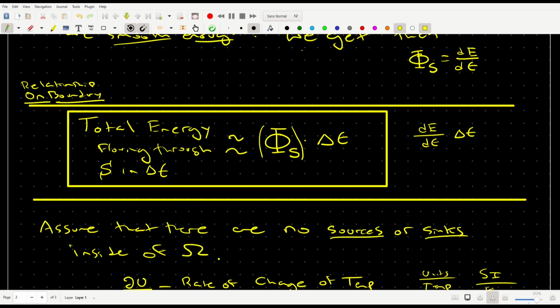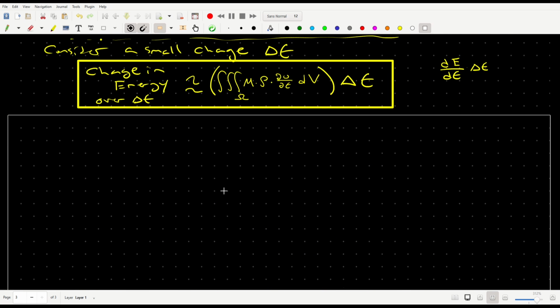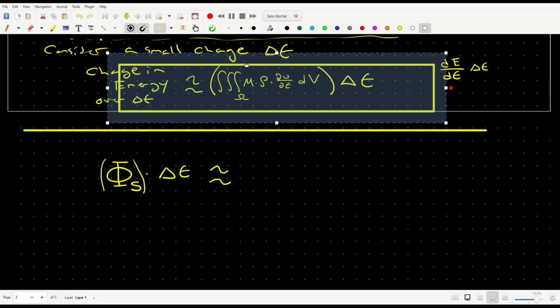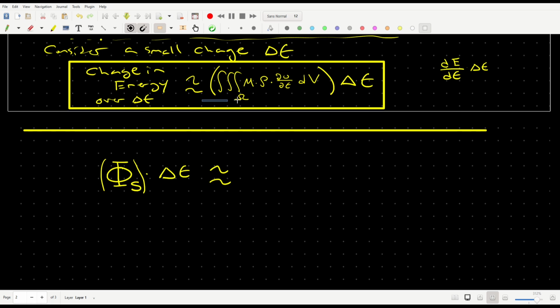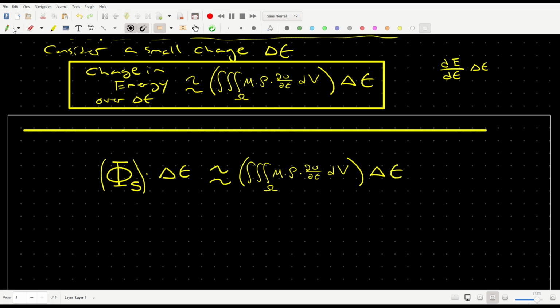So essentially what we have is that for a very small delta t, the energy change through the boundary is approximately equal to the energy flux through the surface.